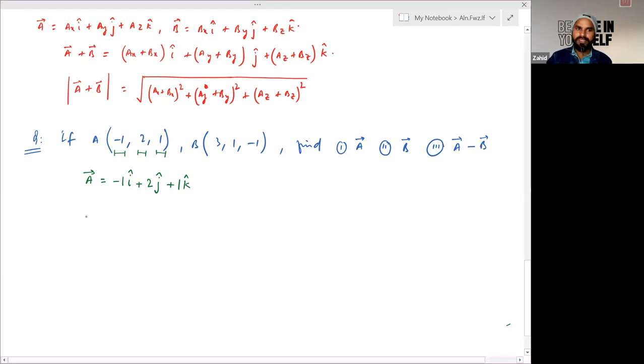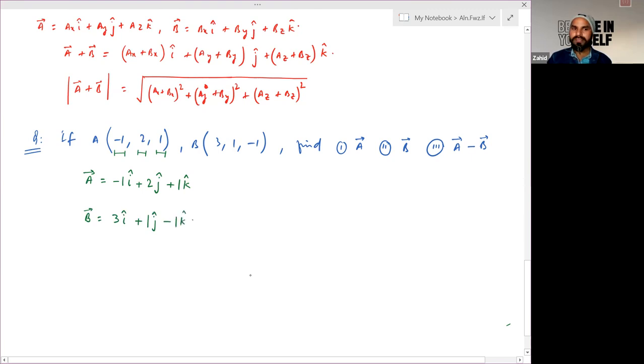Similarly, you may write vector B as X component is 3 multiplied by i cap, Y component is 1 multiplied by j cap, and Z component is -1 multiplied by k cap.